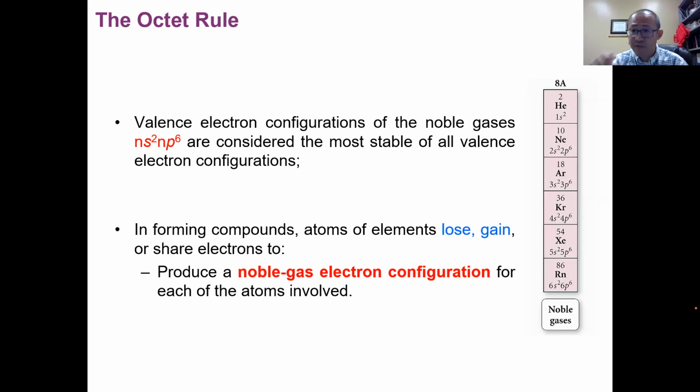Again, it is the configuration. You don't become another noble gas. Remember, what is changing is only the valence electrons. The nuclei are never touched in chemistry. You're only getting that configuration. That's what we call the octet, the 8 valence electron configuration.